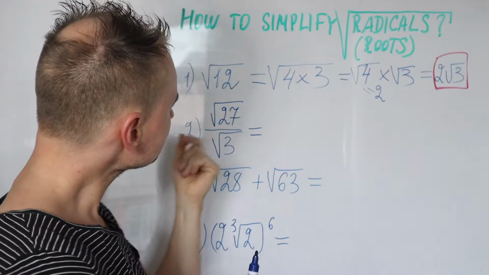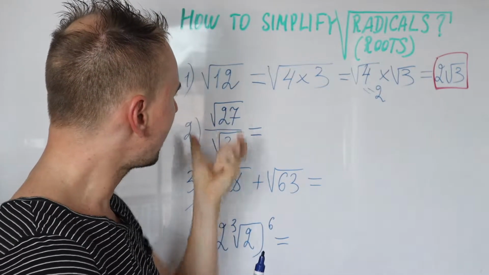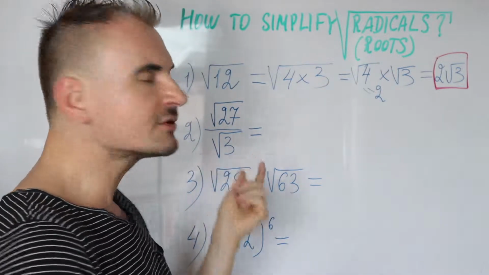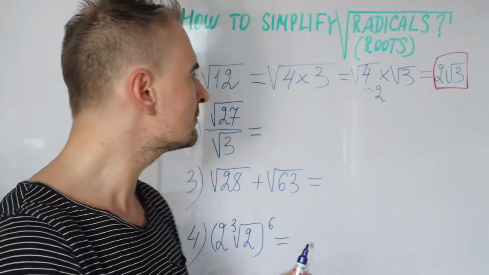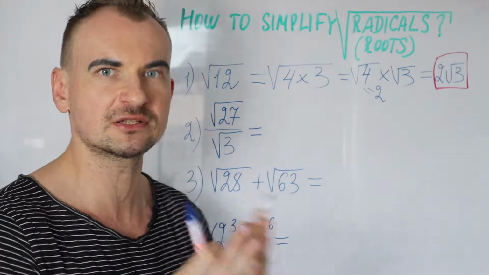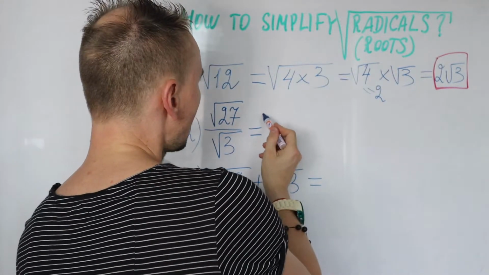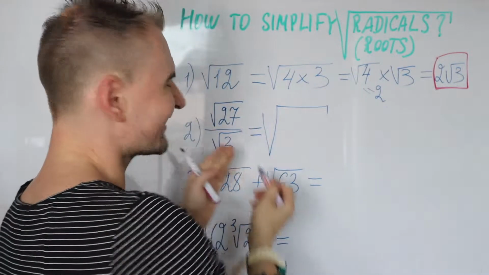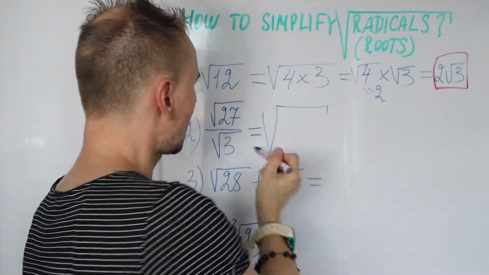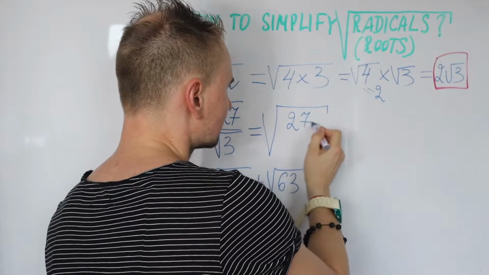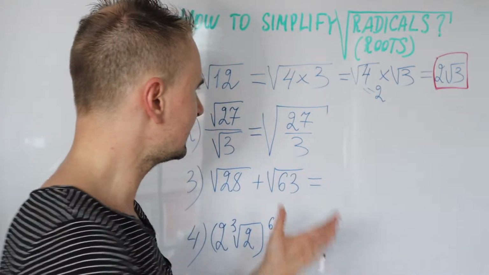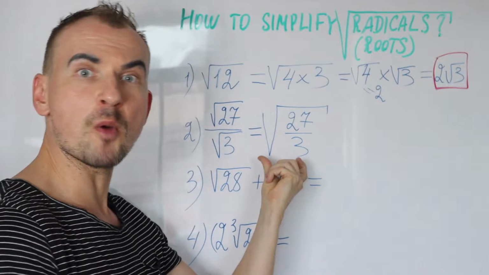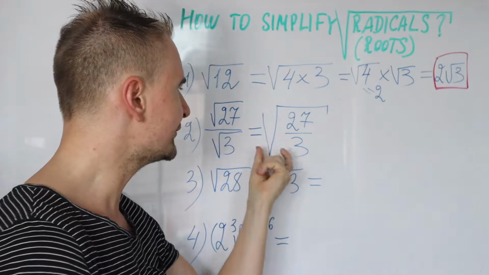Moving on. You have a root on top and a root on bottom. You can use a property of roots to combine them, write one big root, and put this fraction under it.